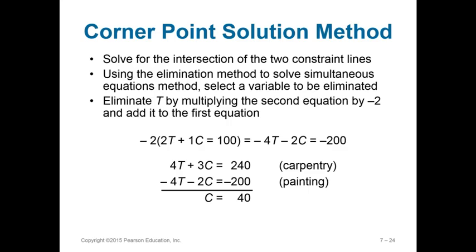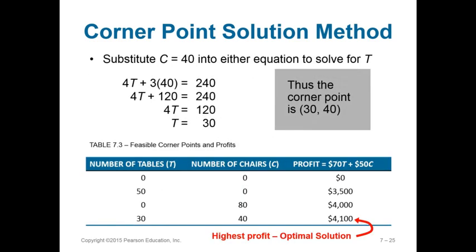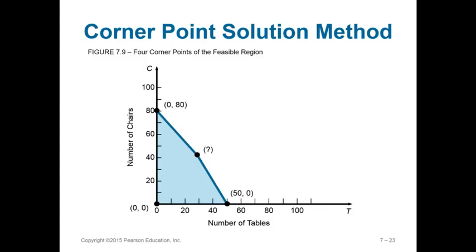And if you go back to your algebra, and when you had to do simultaneous equations, you'd find that by doubling this equation out there, you actually then are able to put that in here and solve for C, and it comes out that C here is 40, and if C is 40, then T is 30, and that's what our point here is, where T is 30 and C is 40.